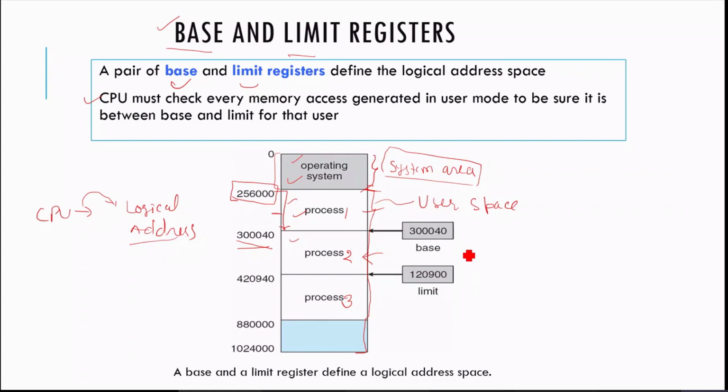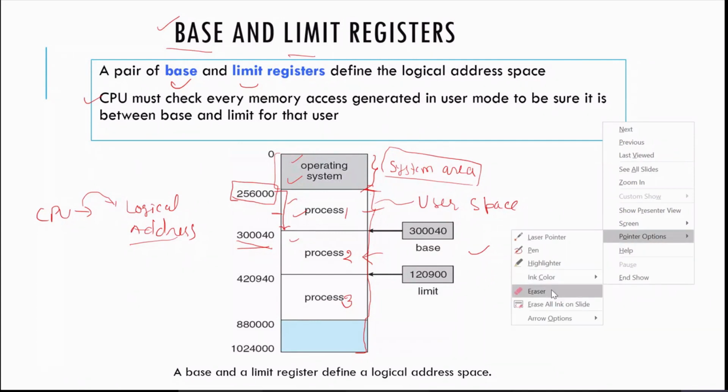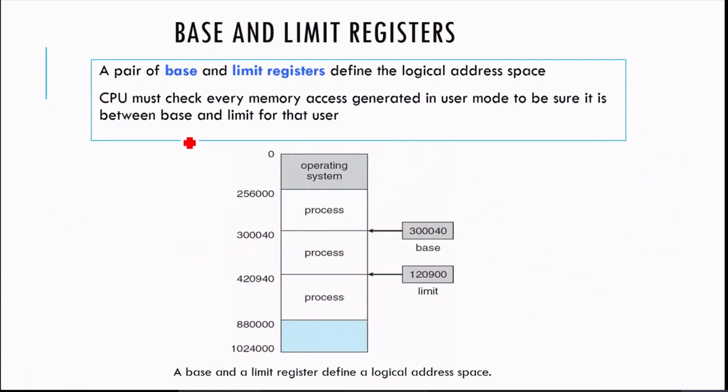Similarly, this example will make it very clear. Here the base register value is 300040. Suppose one program is there, and a second program wants to run here.